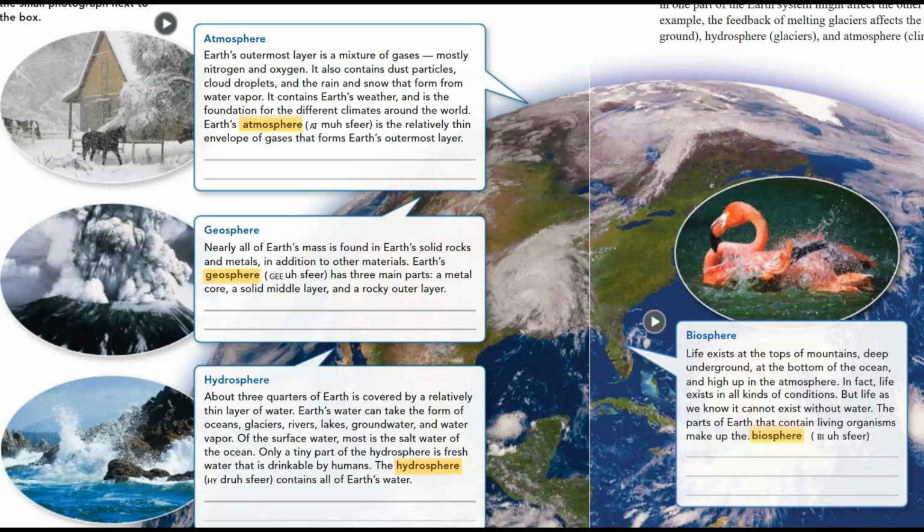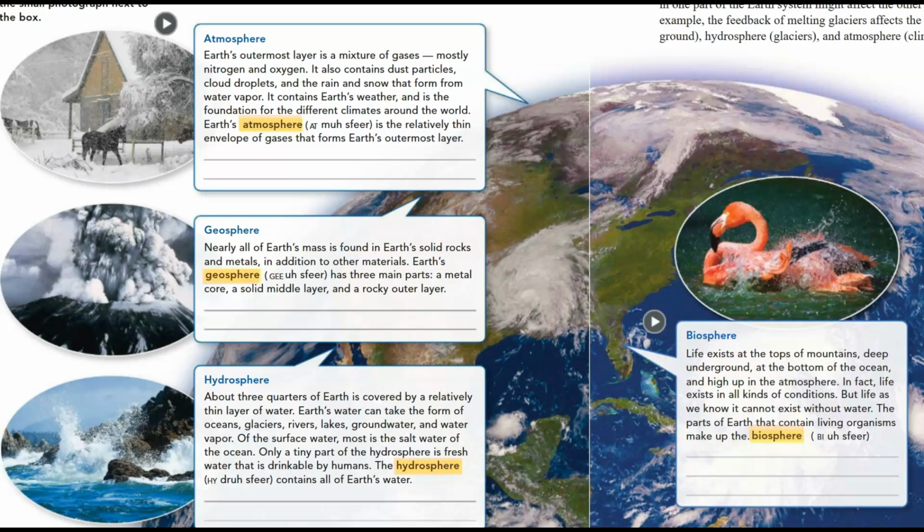The third one we have is our hydrosphere. About 3/4 of Earth is covered by a relatively thin layer of water. Earth's water can take the form of oceans, glaciers, rivers, lakes, groundwater, and water vapor. Of the surface water, most is the salt water of the ocean.